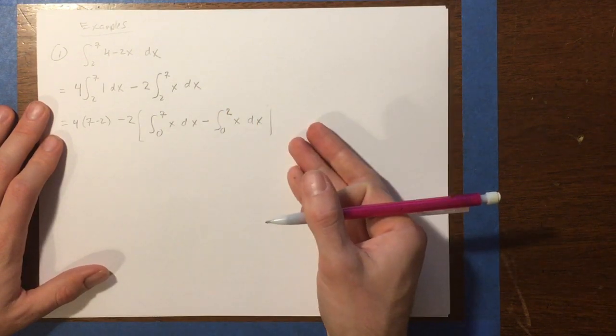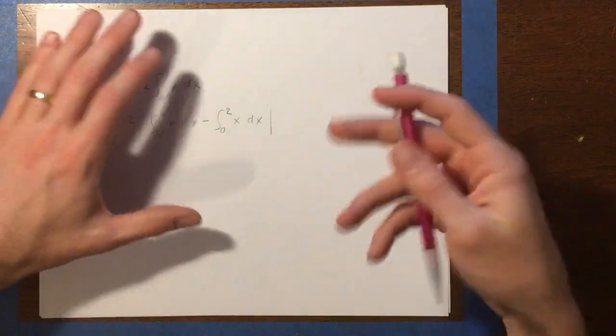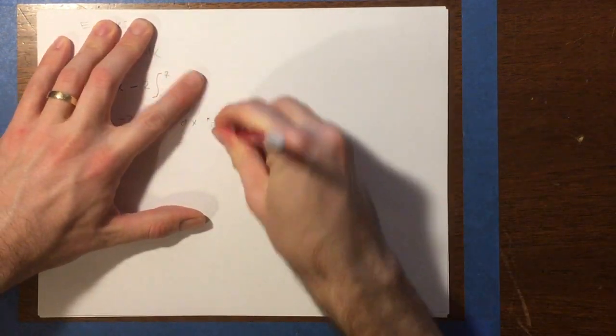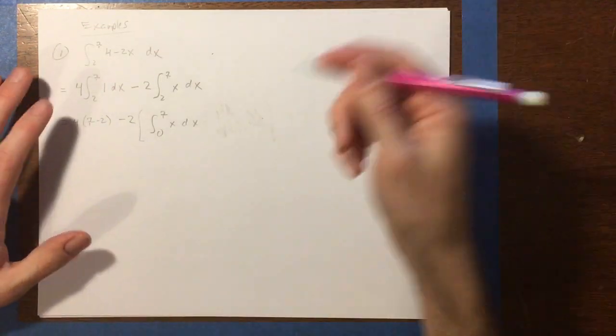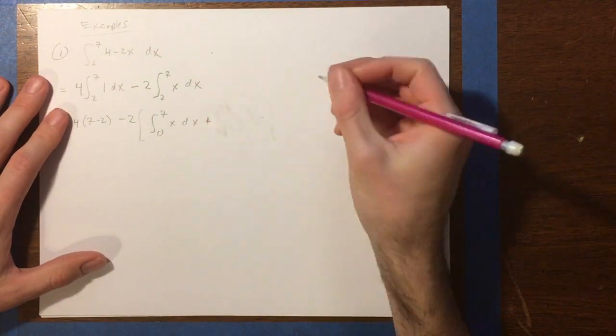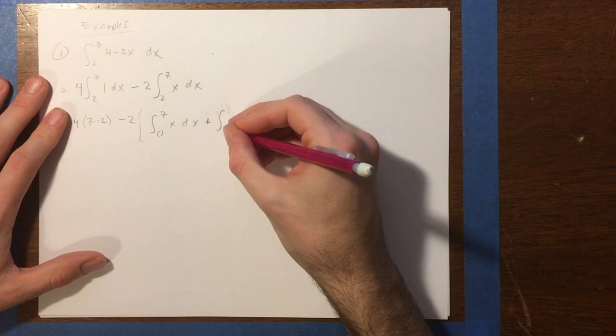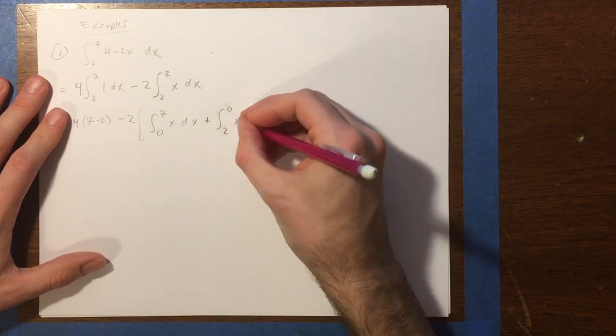Now that's equivalent. If you want to justify that, let's write it first this way, in 2 steps: plus the integral from 2 to 0 of x dx.